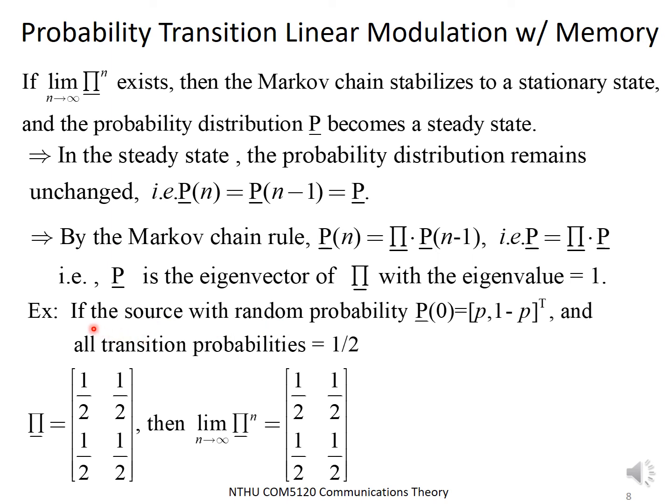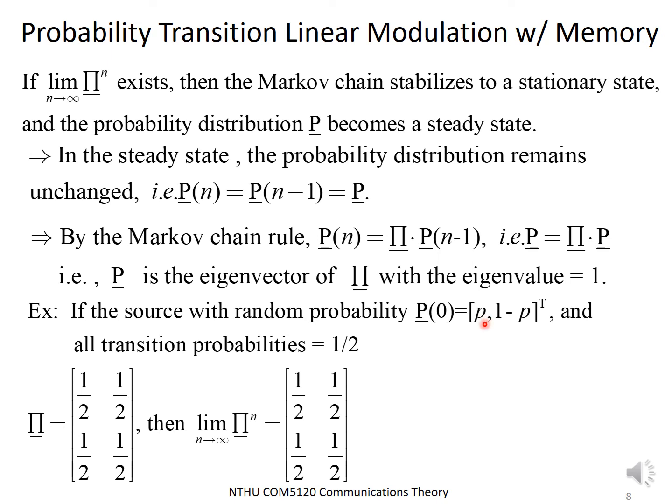For example, if the binary source has a random initial probability of p and 1 minus p for 0 and 1. P is any value between 0 and 1.